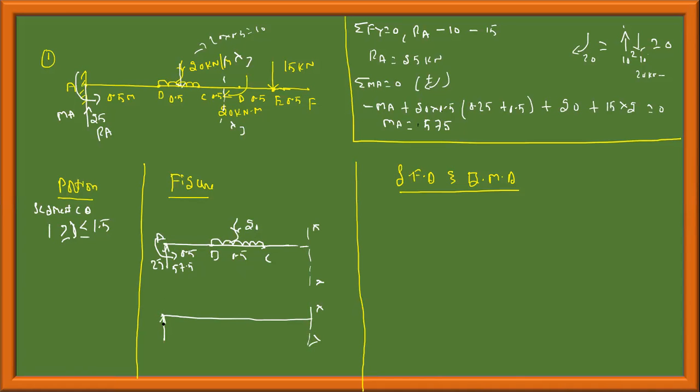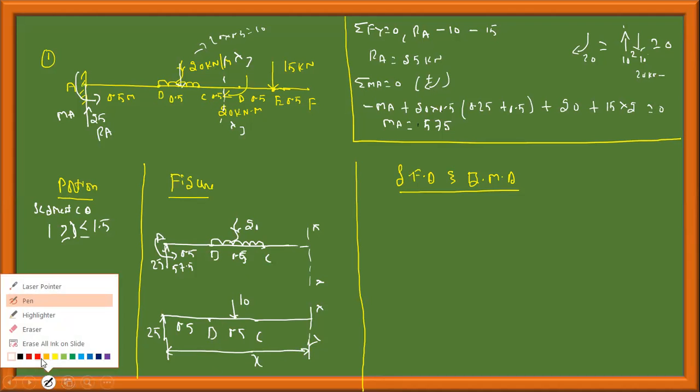This is 25, this is point B. The UDL load is W into X, which acts at the center, equal to 10. This is 0.5, this is 0.5. This entire distance from one end, I'm considering it's X.